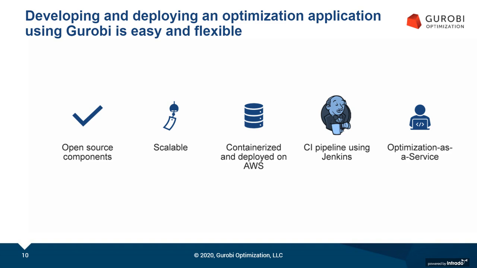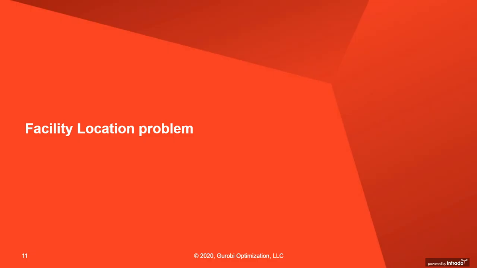And what I want to show you next is the same type of structure, but I want to do a live demonstration for another type of problem, which is called the facility location problem. So let me share my screen now and show you how this looks.